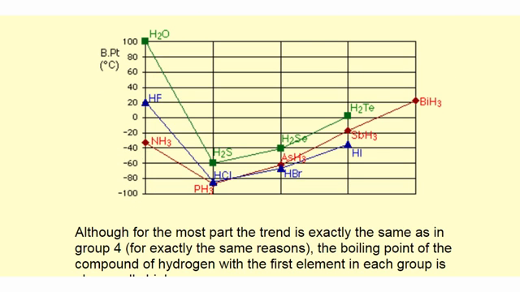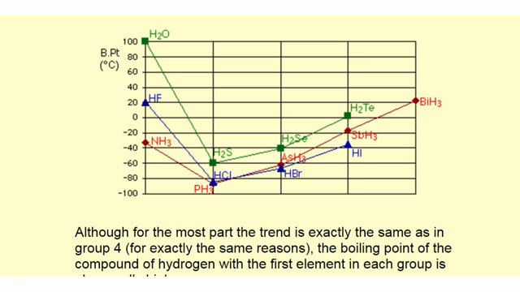But now something interesting happens. These plots here are plots of the elements of group 15, which would be nitrogen, phosphorus, arsenic, and antimony. This one here is the plot of group 17, which is the elements fluorine, chlorine, bromine, and iodine.